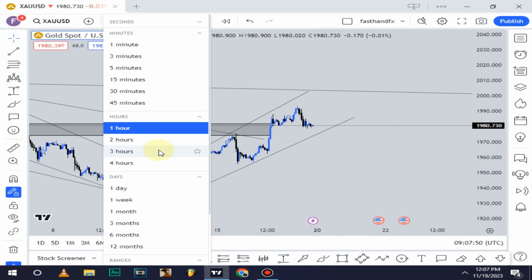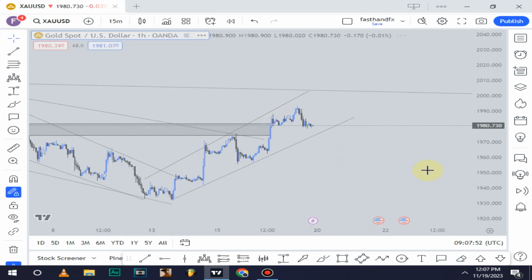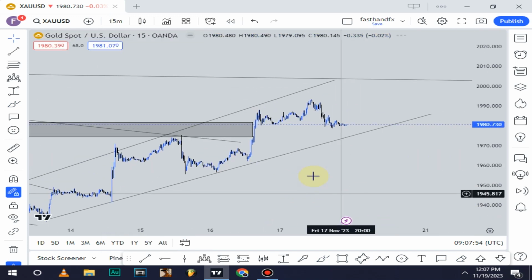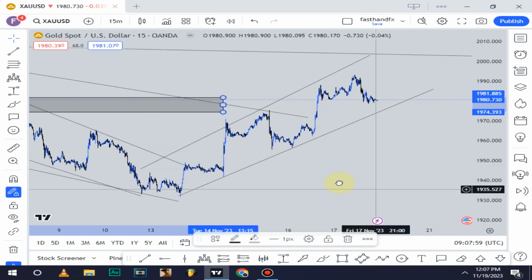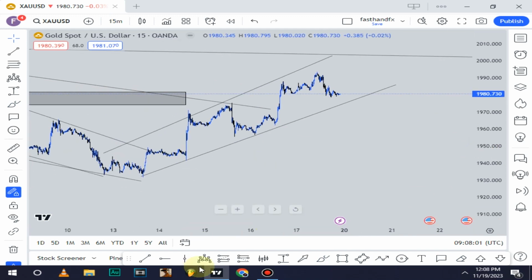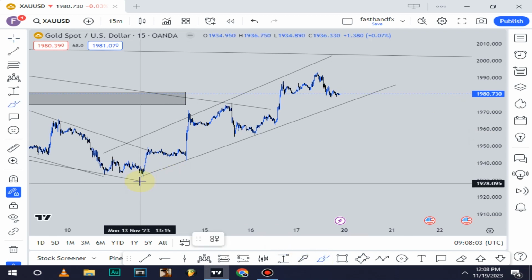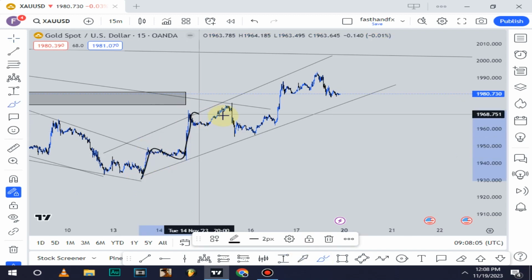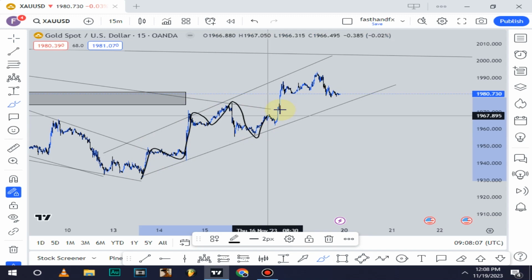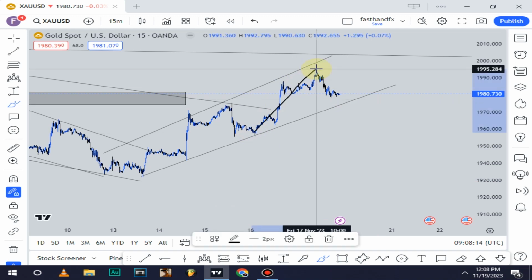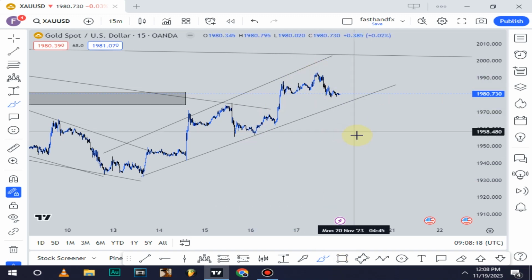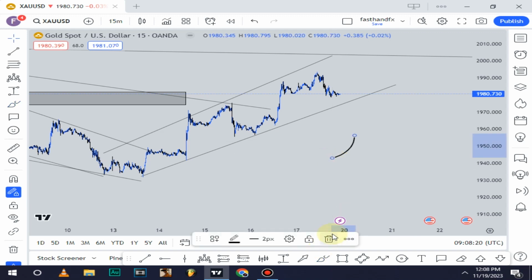So let's see at the 15. We need to analyze everything, interpret everything right now. So this is an impulse, correction, impulse, correction, impulse, correction, impulse, correction. So all this was just an impulse. Now this correction. That's why I talked about that manipulation that gold will try to do.